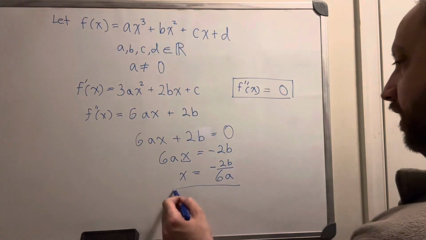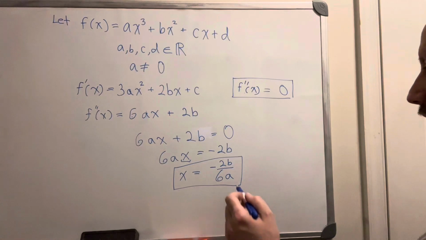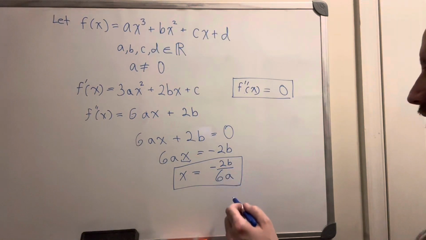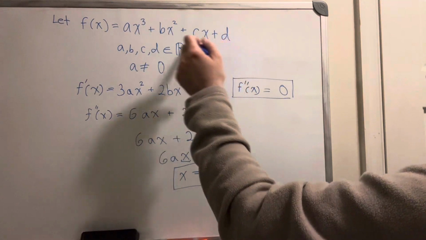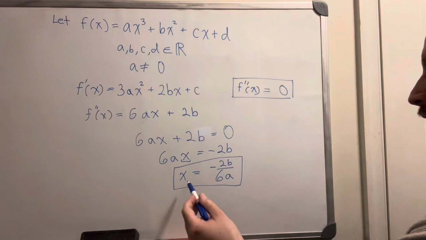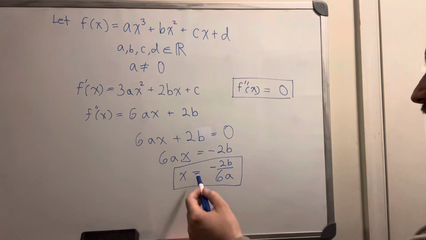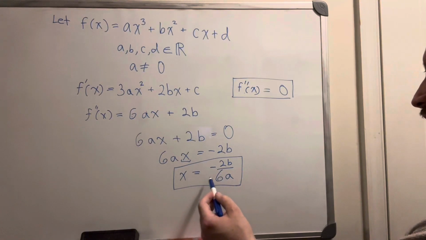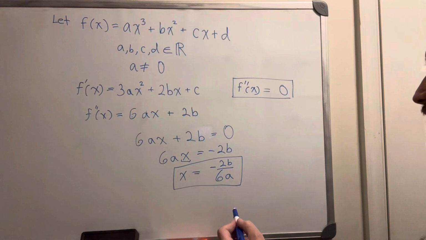So this is exactly one value because b and a are constants. So we've proven that for any general third degree polynomial, there's exactly one point where the second derivative is equal to 0, and hence where the point of inflection is.